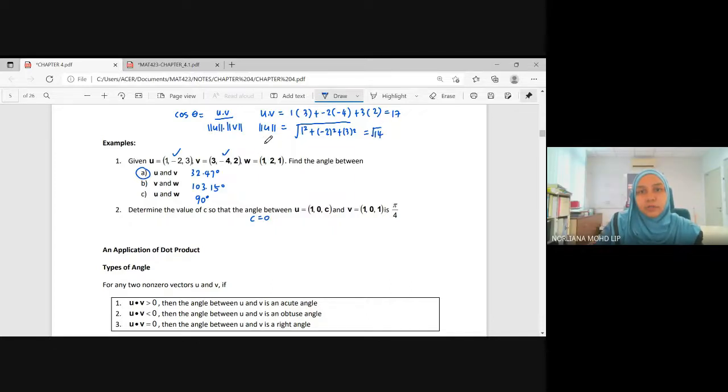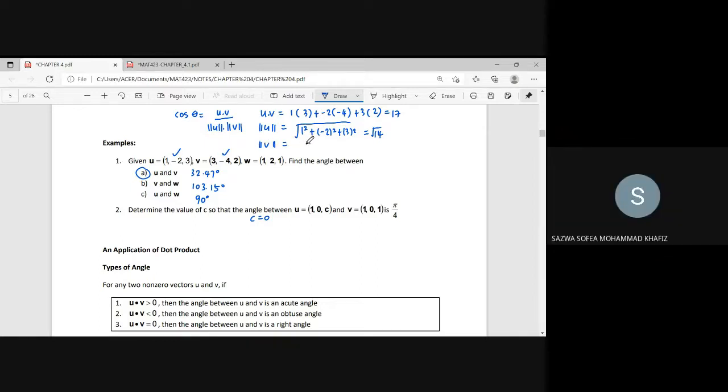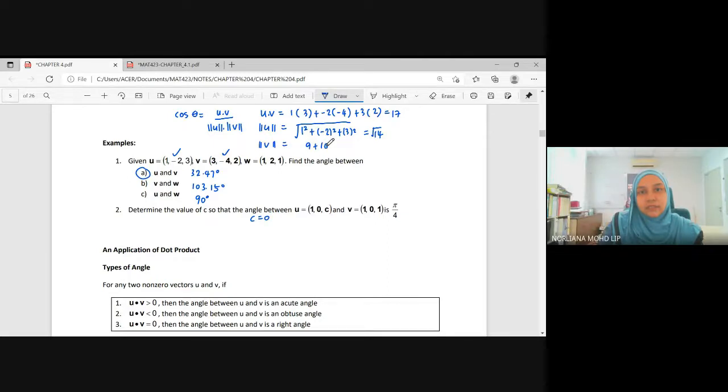And magnitude of V: 9 plus 16 plus 4, square root of 29.